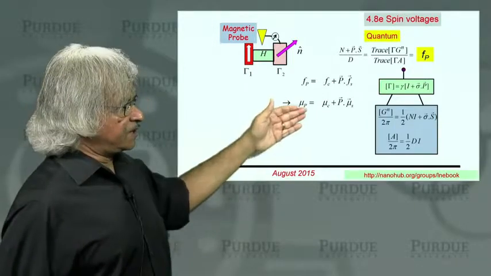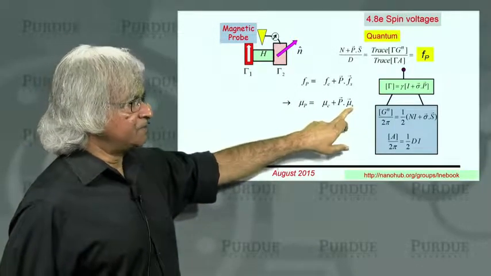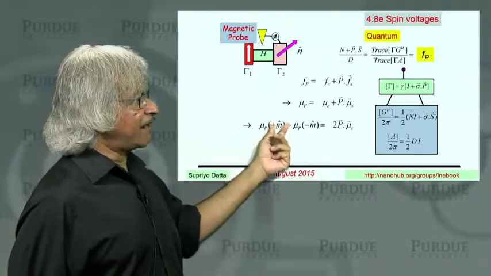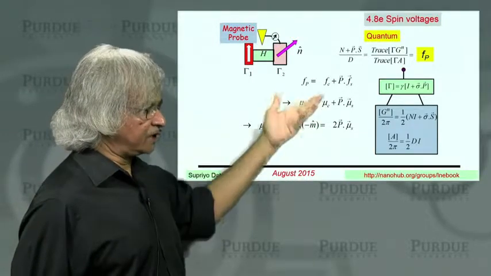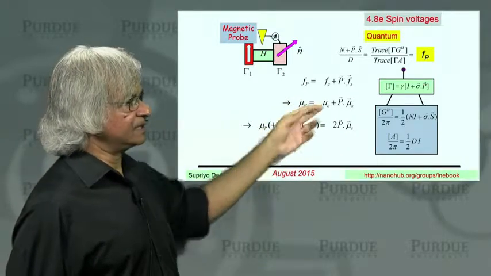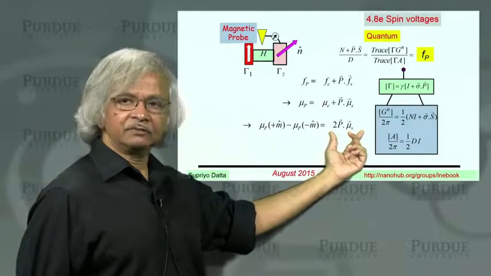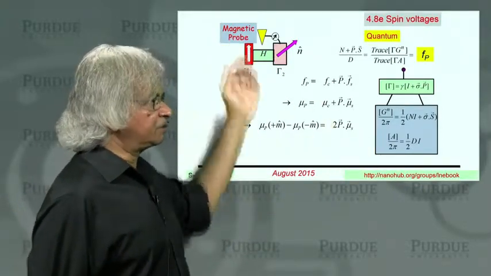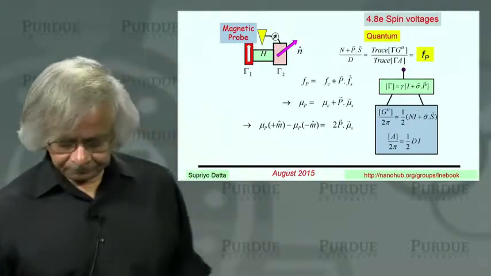And as I had mentioned earlier, a standard way of measuring the spin potential is measure mu p with a magnet in some direction, switch the magnet around so that the p becomes minus p, and then look at the difference. Because then the charge potential will cancel out and you'd get 2p dot mu s. So this is then the standard way of using probes to figure out the spin potential.